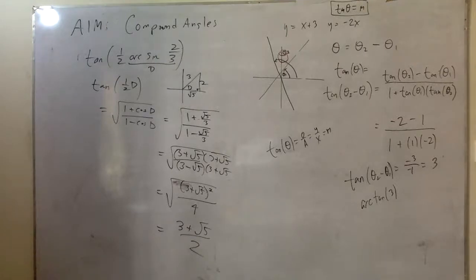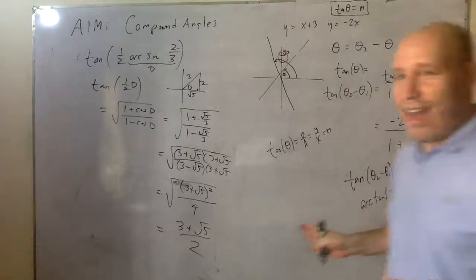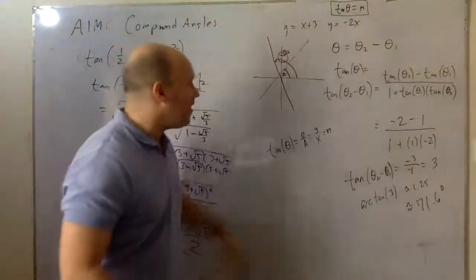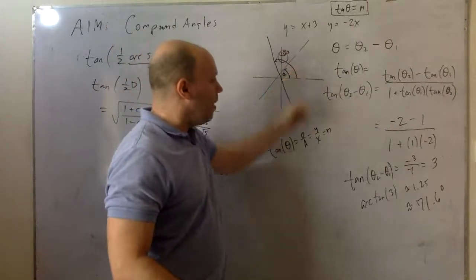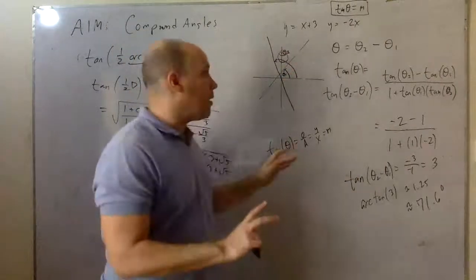The answer is tan inverse of 3. Hey Siri, what is 1.25 radians in degrees? 1.25 radians is equivalent to about 71.62 degrees. And so we see that the angle between these two lines is 71 degrees.